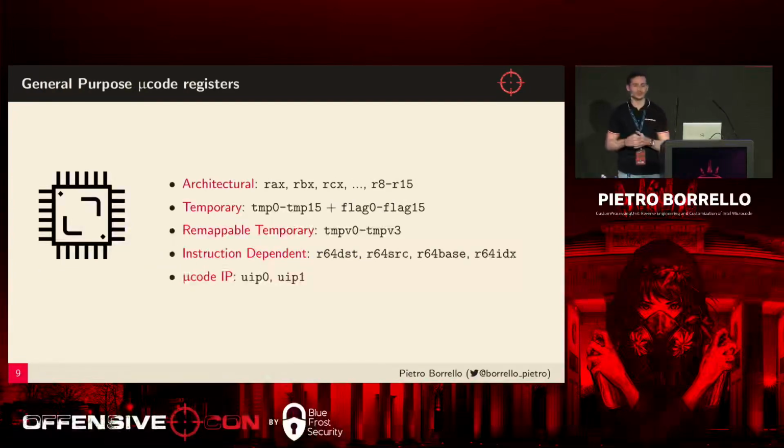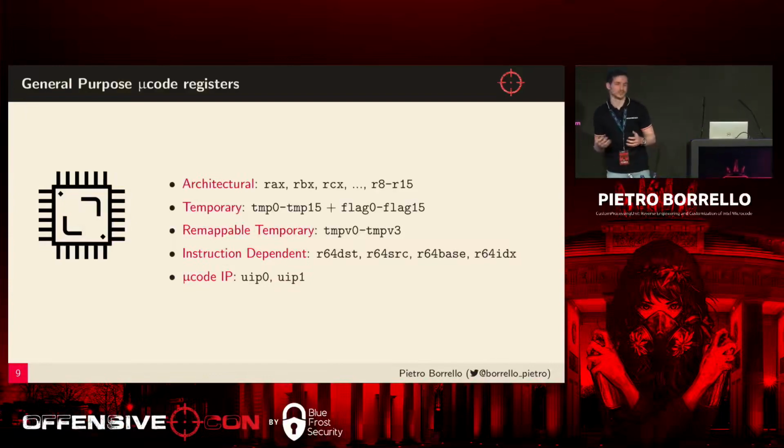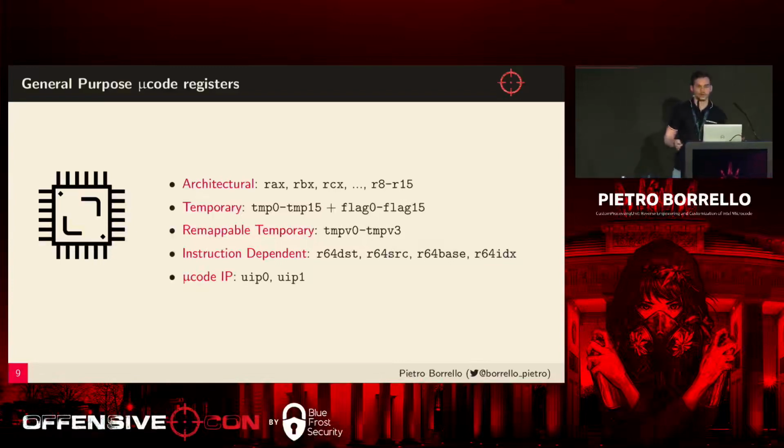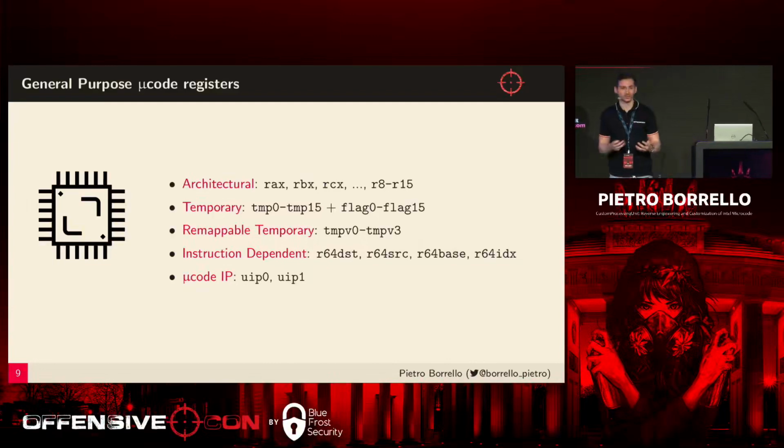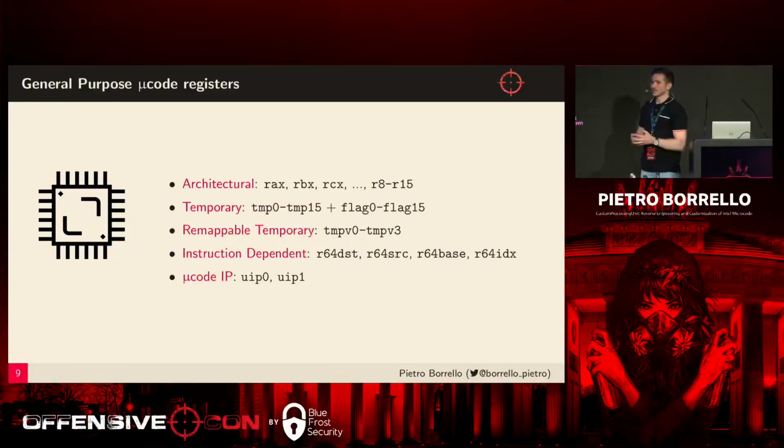From the microcode, you will have access to a few registers, way more than what you would expect. You will have access to the architectural ones, the registers at the x86 level, the registers we all know. But you also have temporary registers for temporary computations, for example, for temporary values that you don't want the architecture to know and to observe. You also have remappable registers that can be aliased to any other temporary register.